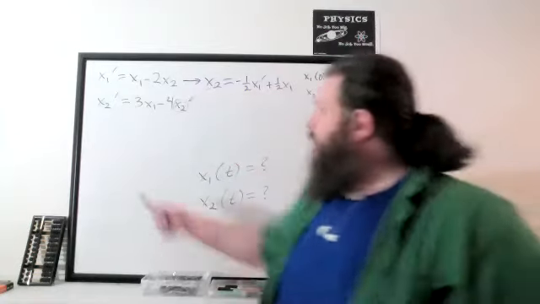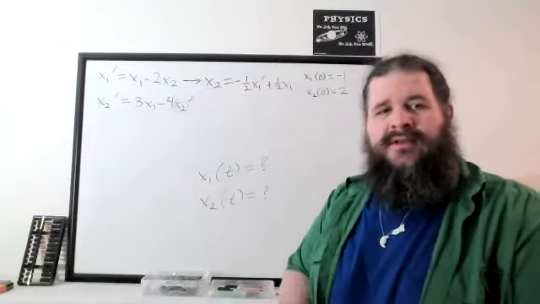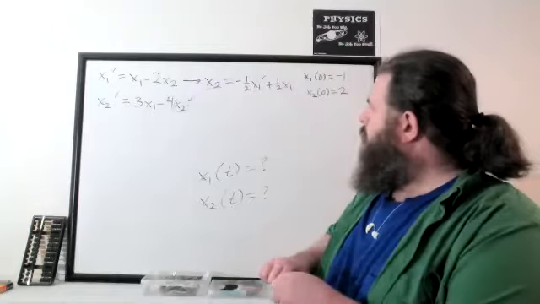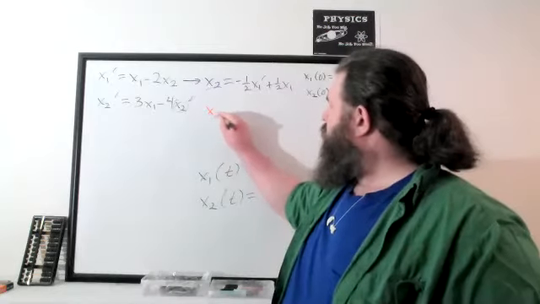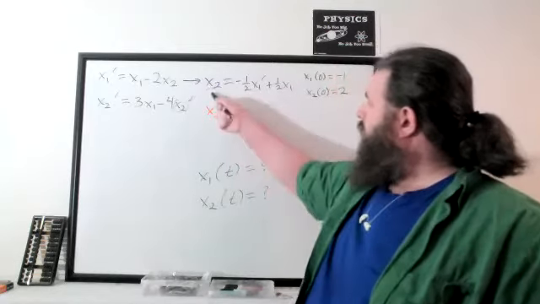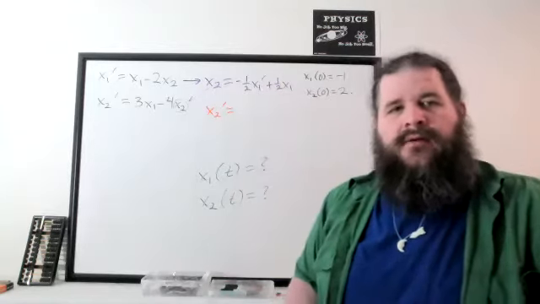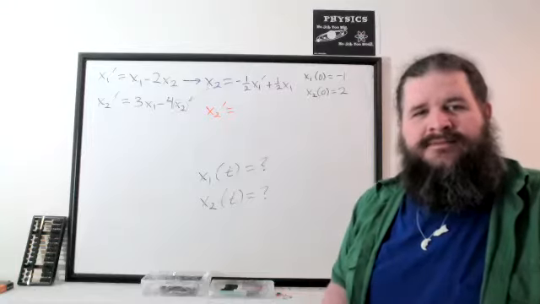However, we also have an x2 prime, so we're going to have to write the derivative of x2 as well. If we're defining x2 as negative 1/2 x1 prime plus 1/2 x1, what would we get if we take the derivative of that?